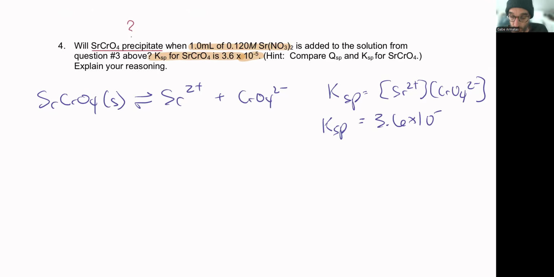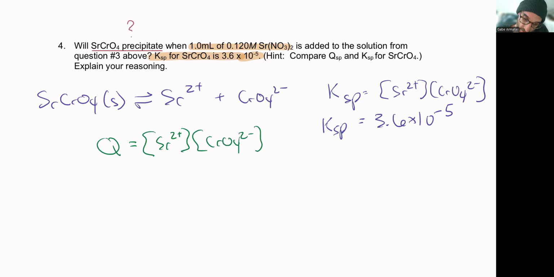We do not know if we're at equilibrium. So we have to decide what our current Q position is, as in how many ions do I have in solution. So my Q is strontium times chromate. Nothing changes. It's the same exact expression, only not at equilibrium. So I've got to solve for Q and then go from there.